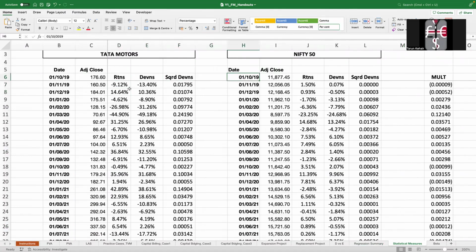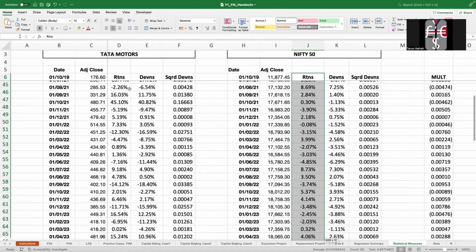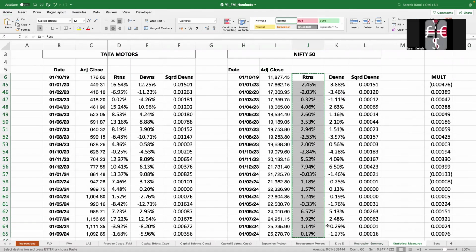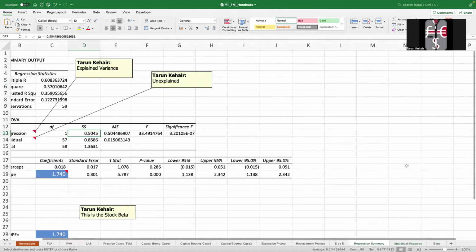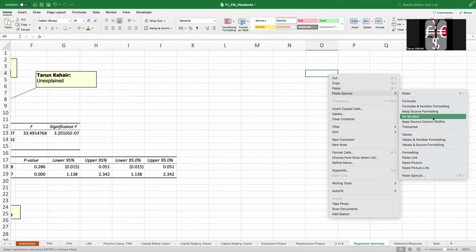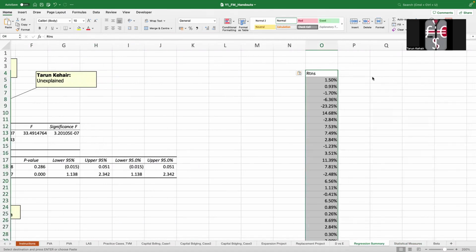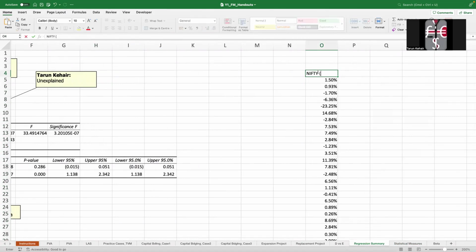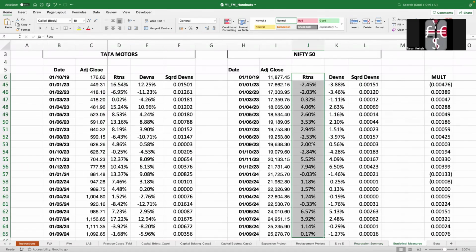On the x-axis, I will take the Nifty returns and put it here. And on the y, ये x-axis है, so this is Nifty. And I will take the y returns also, which is the stock returns.